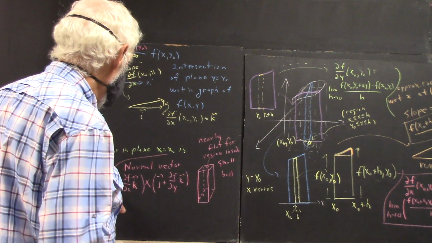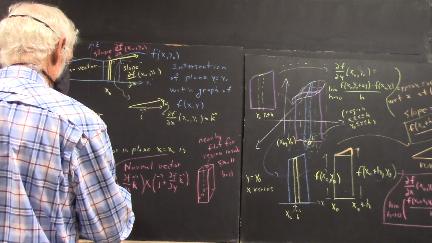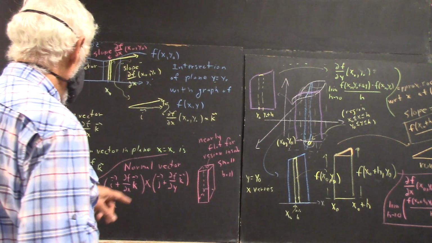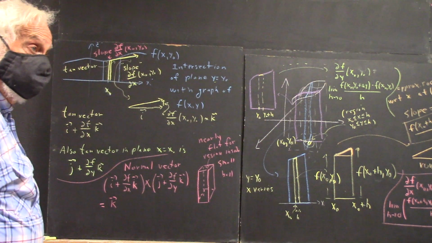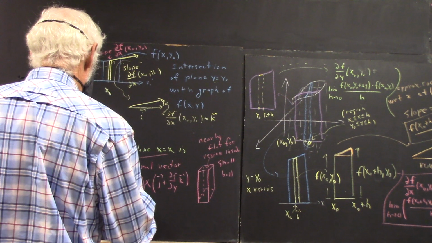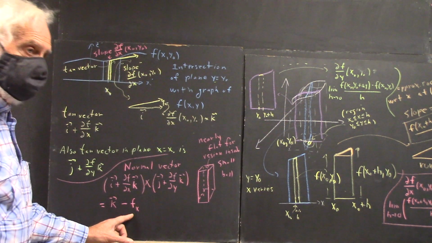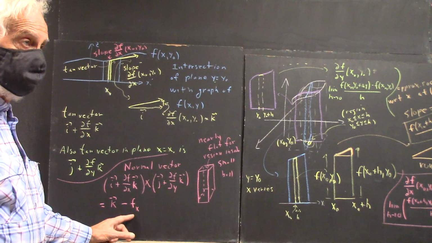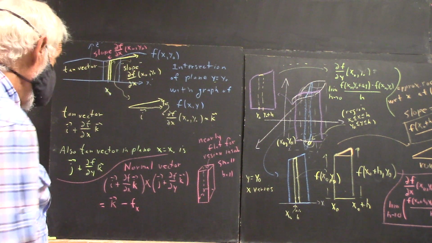I cross J is just K. K cross J is just negative I. Now, I'm getting tired of writing out that whole partial derivative thing. Another notation for partial derivative, f sub x means partial of f with respect to x.